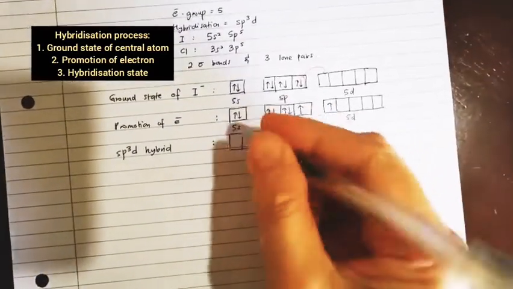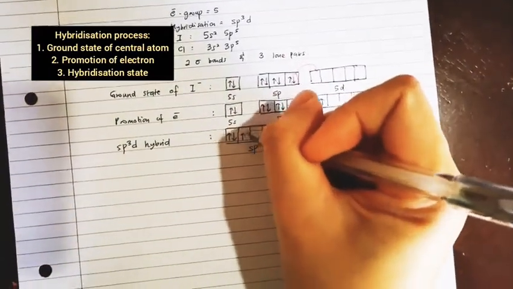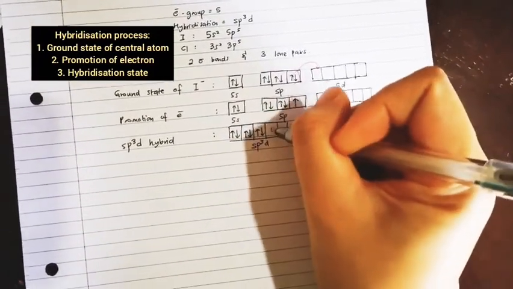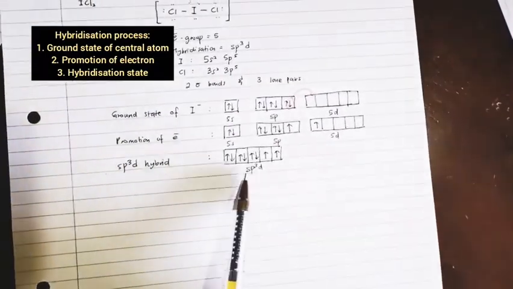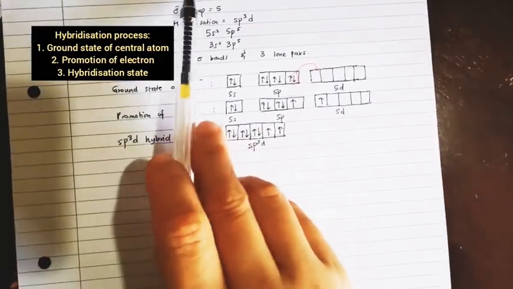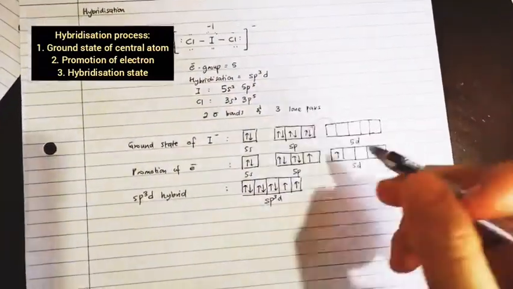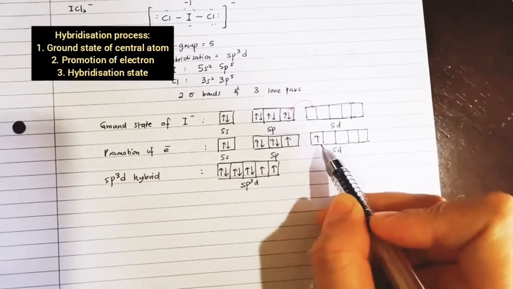Okay, now in this first orbital we have paired electron for our first lone pair, second paired electron, third paired electron, first single electron, second single electron. These 3 paired electrons are for our 3 lone pairs. These 2 single electrons are for our sigma bonds.